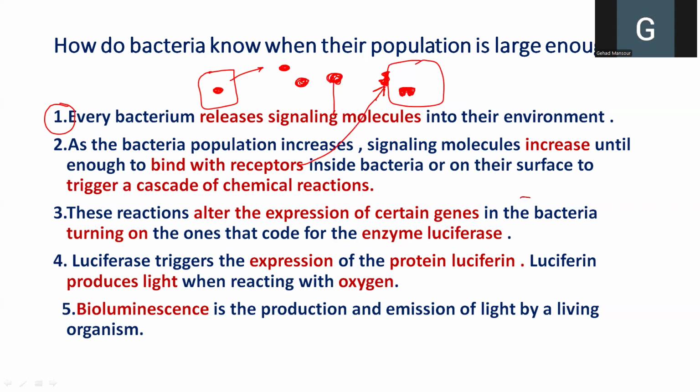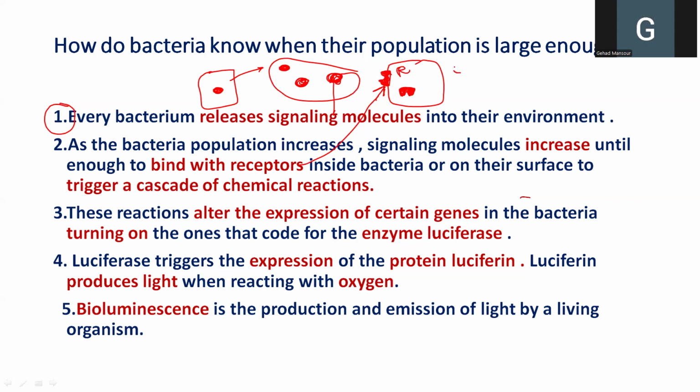By the way, all the bacteria have these receptors, meaning that the same bacterium may receive a signaling molecule of its own or from another bacterium. Those signaling molecules cannot bind with the receptors until they are numerous enough, and they will not be numerous enough until the bacteria themselves are numerous enough.